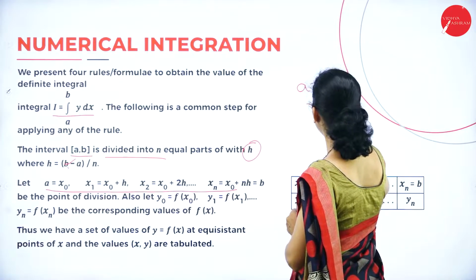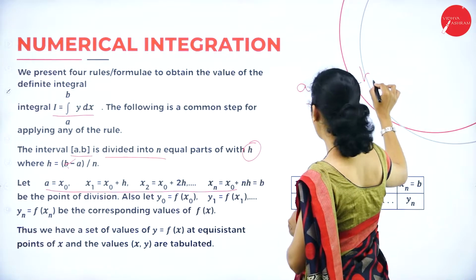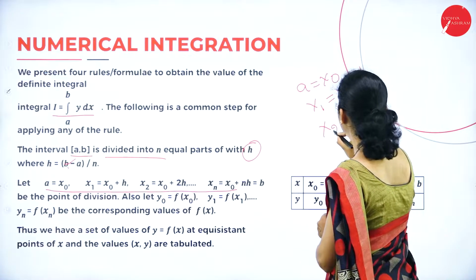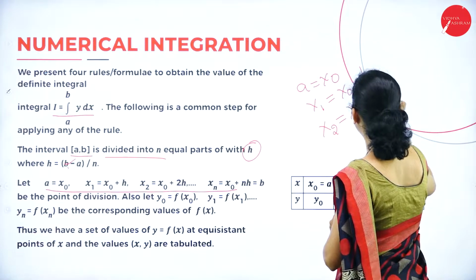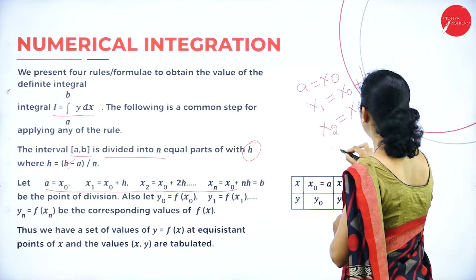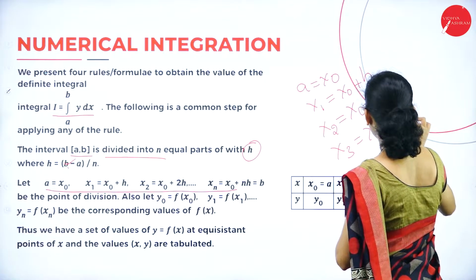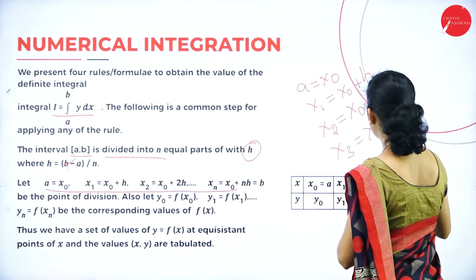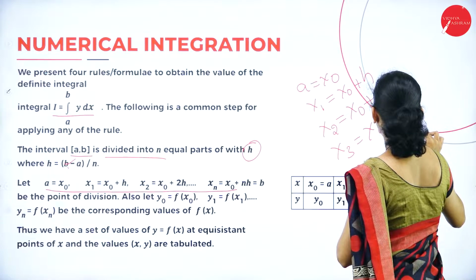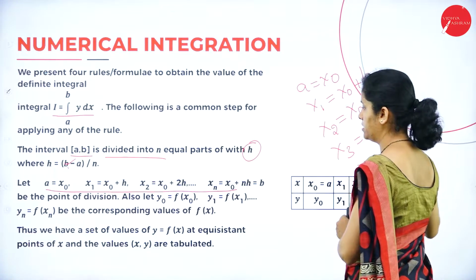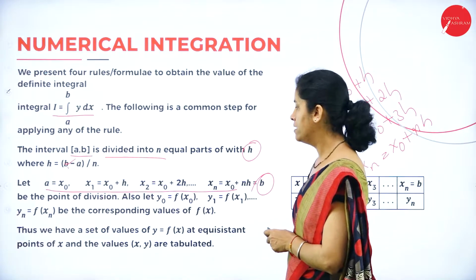If I want to get x1, then x0 plus h, and if I want x2, x0 plus 2h. If it is x3, then x0 plus 3h, and if it is xn, then it is x0 plus nh. So here nh is nothing but b.